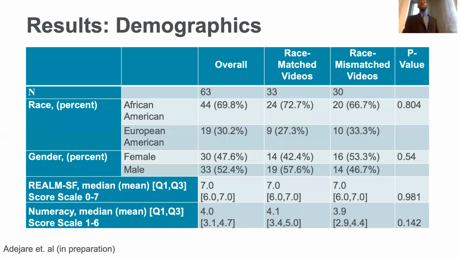So from those interim results, we finalized the study, and what we saw is that overall there was about an even distribution in the arms, whether it was on race or in gender, with African Americans being a majority in the full cohort. We saw that for the REALM SF and numeracy, overall patients were fairly health literate. We also saw that they were fairly comfortable with numbers.